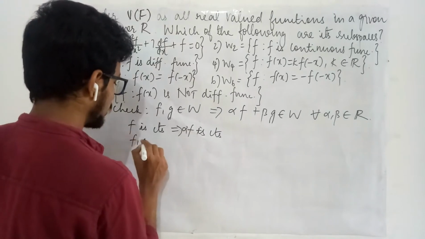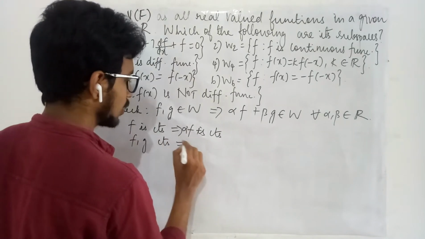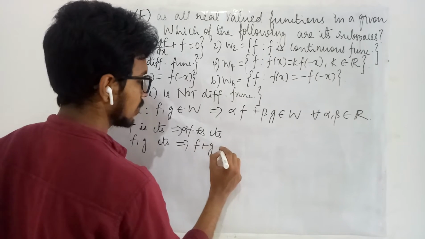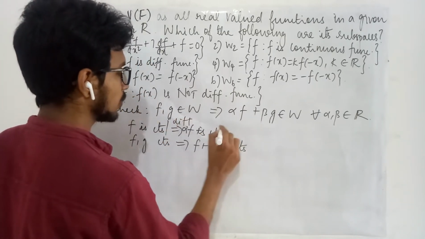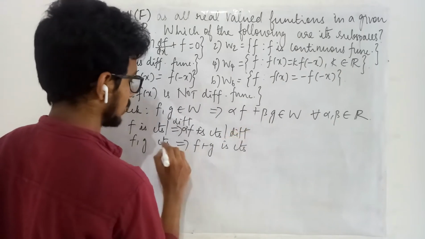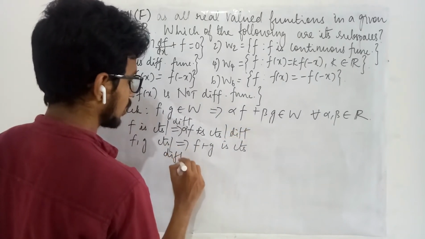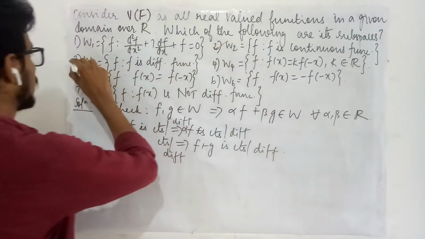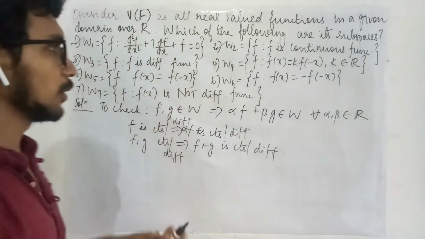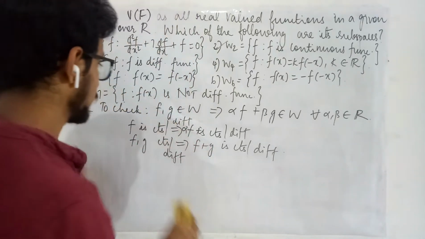If f and g are continuous, then f plus g is continuous. You may replace this by differentiability as well. If you make use of these two properties, you can prove that W2 and W3 are subspaces.